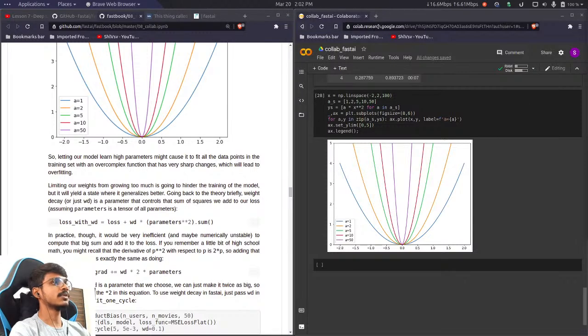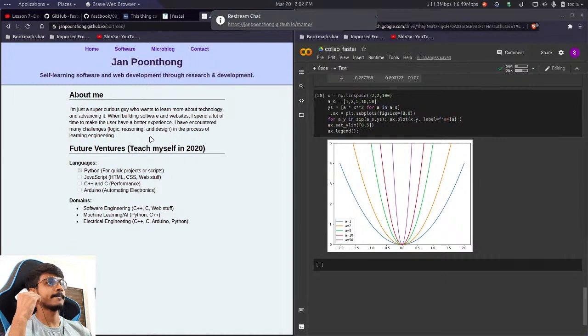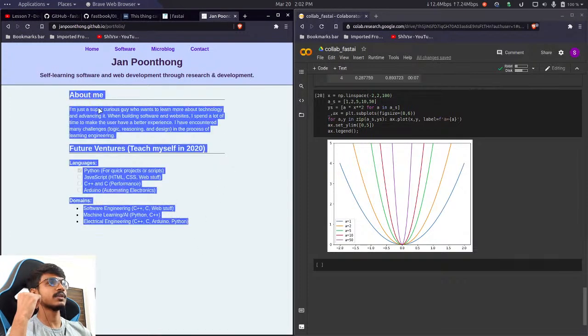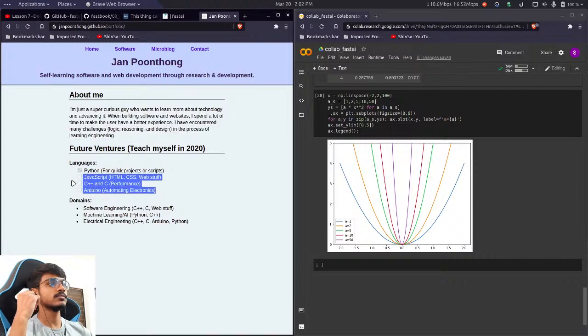Sure, let me open the link. Self-learning software and web development research in the blog. So you are also interested in hardware learning.